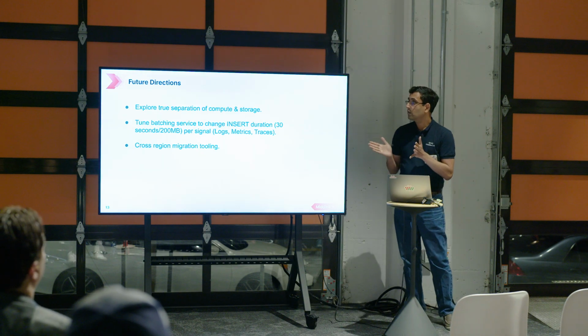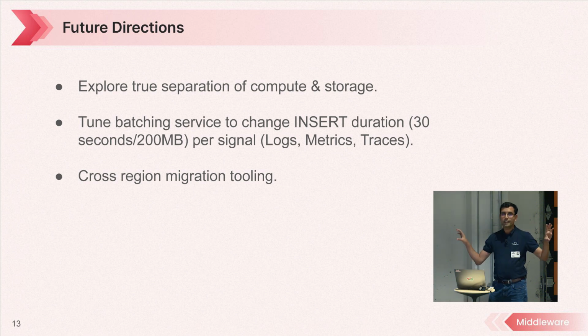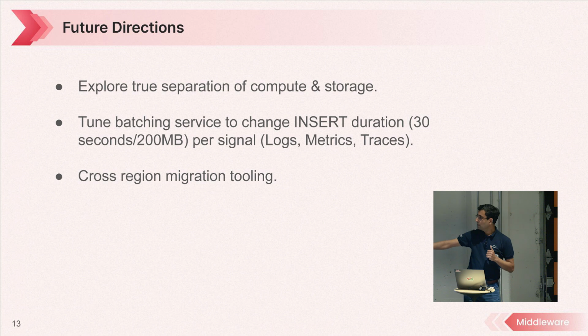Having said that, what are the future directions? Again, we are truly exploring how we can achieve separation of compute from the storage to be able to horizontally scale the compute layer for fault tolerance as well as high scalability. We are also right now in the process of tuning the batching services.